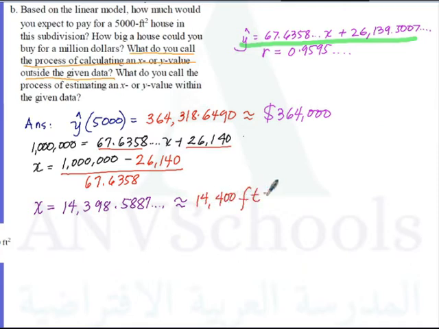Wow. So when you have a 14,400 square feet house, that area of the house is equal to a $1 million value.